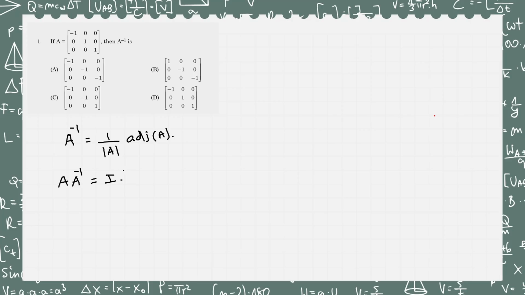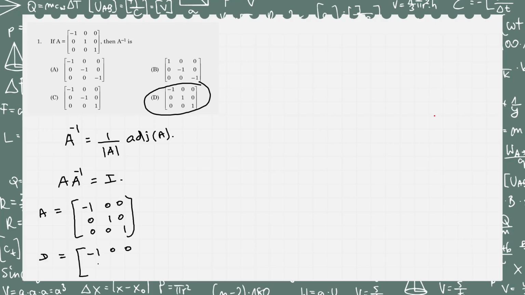I as the answer. So when we check that way, we can see that the option D, when multiplied by matrix A, gives us I as the answer. I will show you. So A equals -1 0 0 0 1 0 0 0 1, and the other matrix we are going to take is option D matrix, which is -1 0 0 0 1 0 0 0 1.